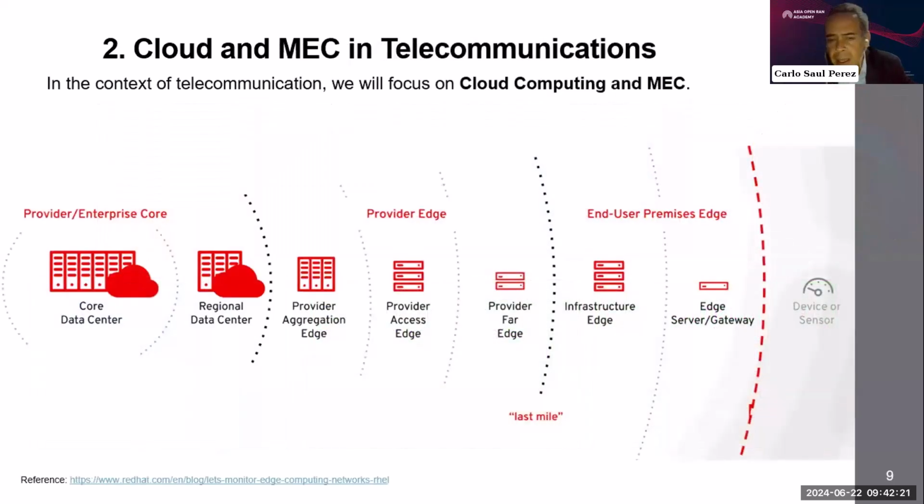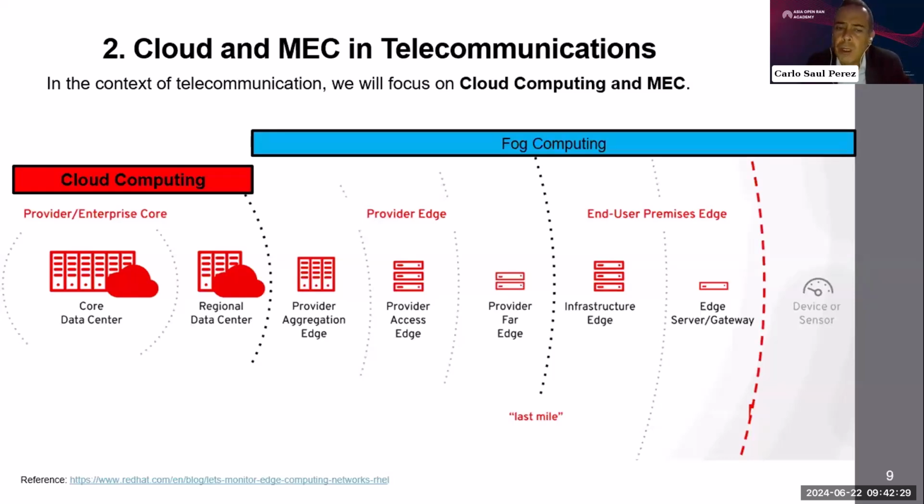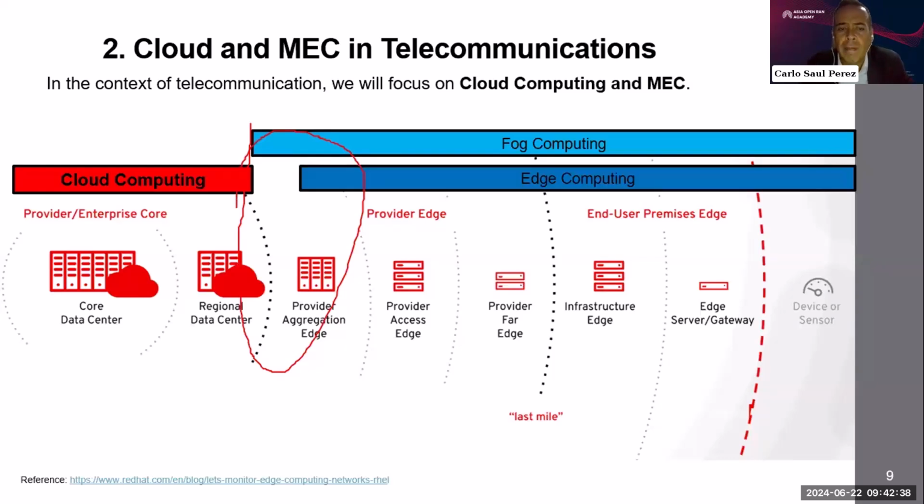I think it's better to see it here. So here you have cloud computing, focused on the processing in the cloud, in the core. Fog computing also includes some aggregation and data processing before passing that information to the cloud. We have edge computing, this capacity of processing information as mentioned by Mr. Raymond here.